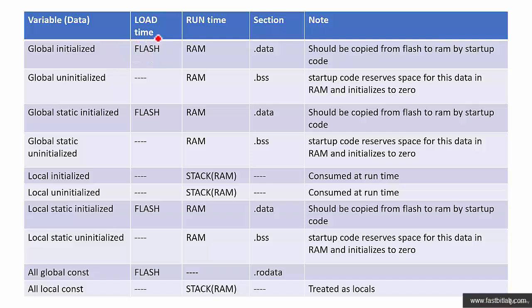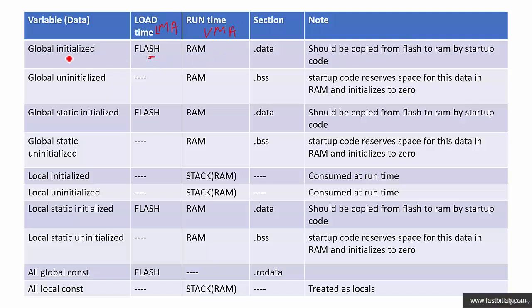That's why it has two addresses. One is called the load address or load time address, which we call LMA, load memory address. Load memory address is in flash, and the other is called VMA.